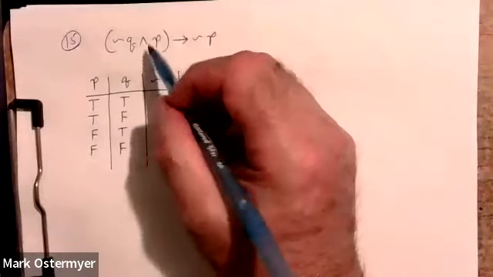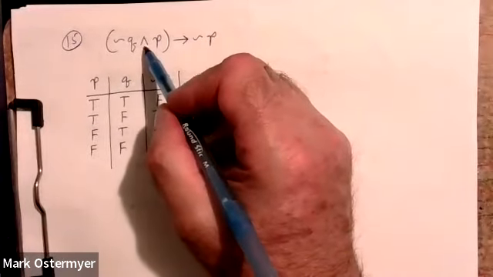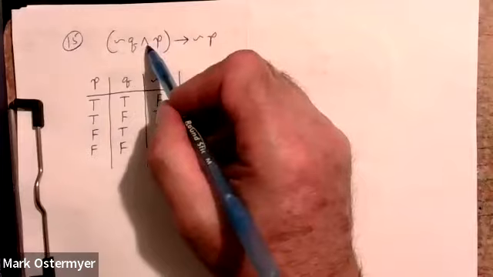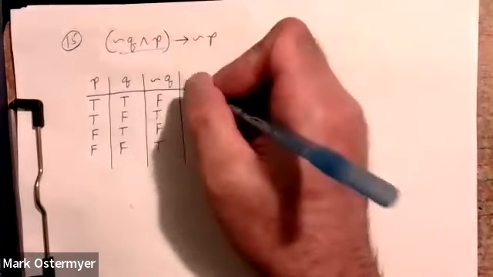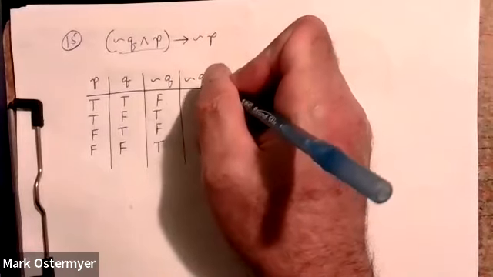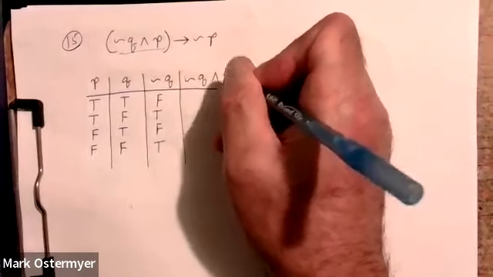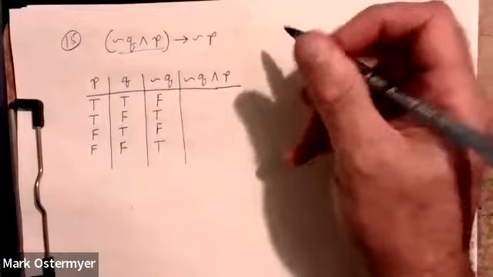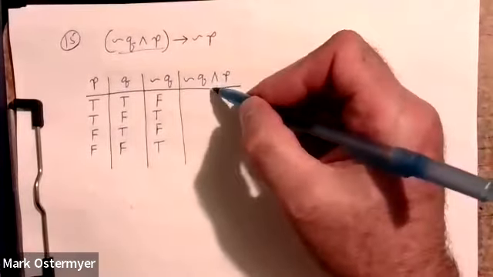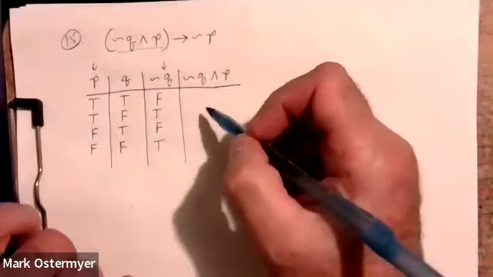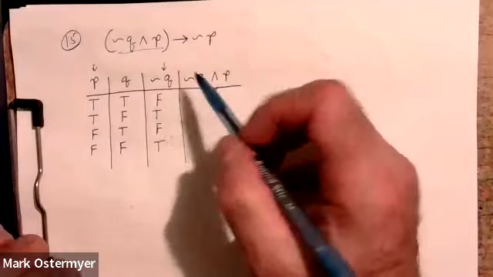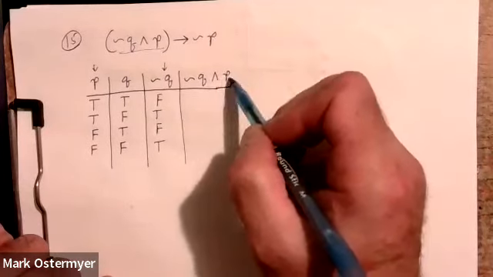Then I'm going to have to deal with the and, inside the parentheses. So my next column will be this entire statement. This next column is going to concern my P column and my not Q column. The only time an and is true is if both these statements are true.